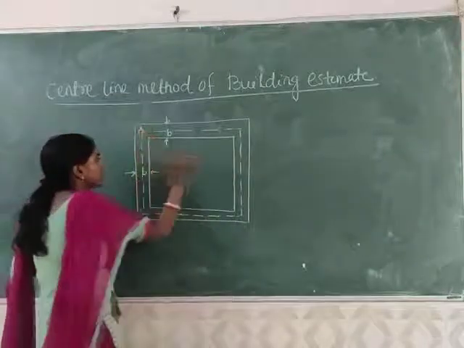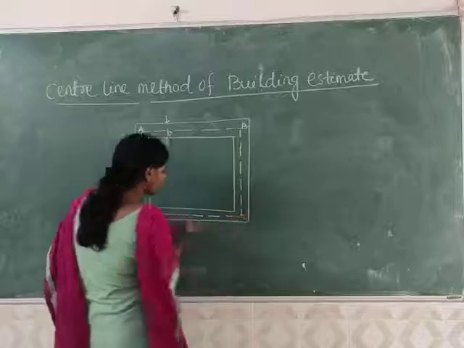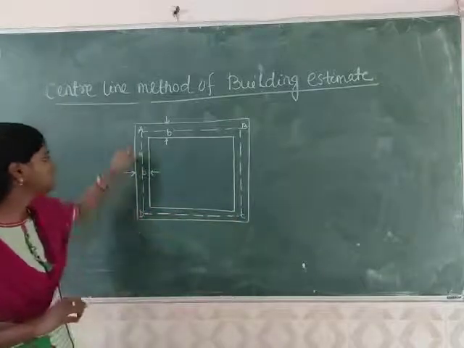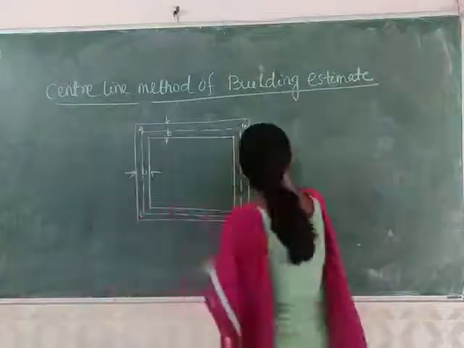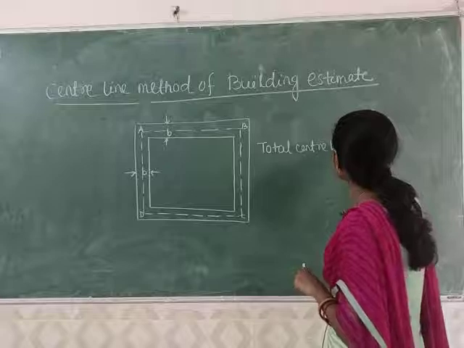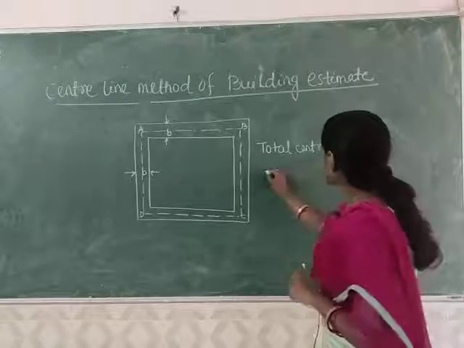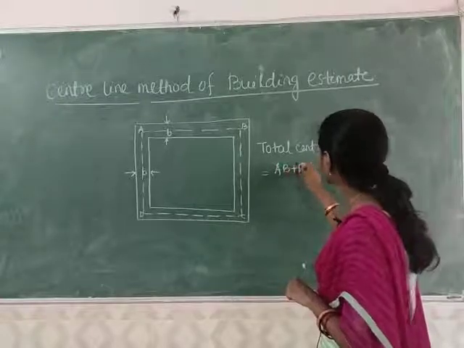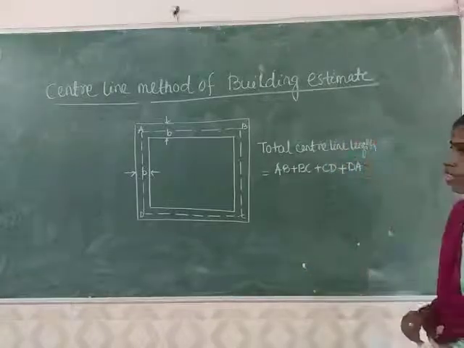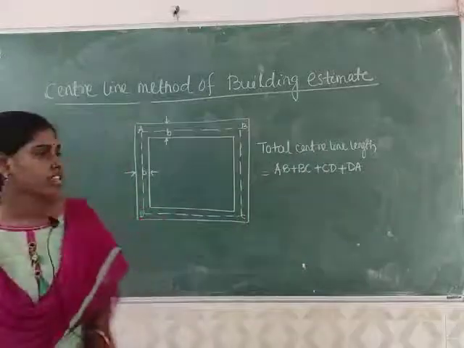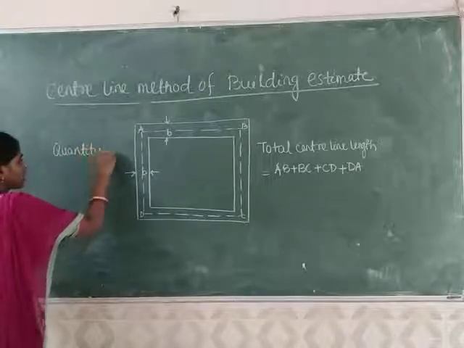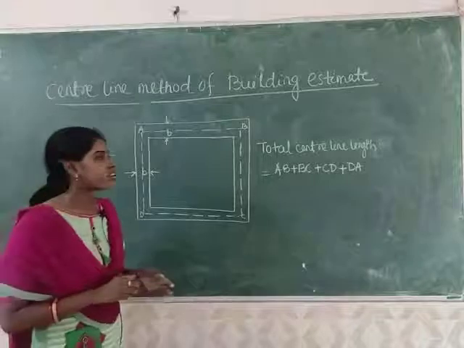Here I will mark the center to center lengths as AB, BC, CD and DA. So, the total center line length will be AB plus BC plus CD plus DA, and in order to get the quantity, we have to multiply the corresponding breadth.